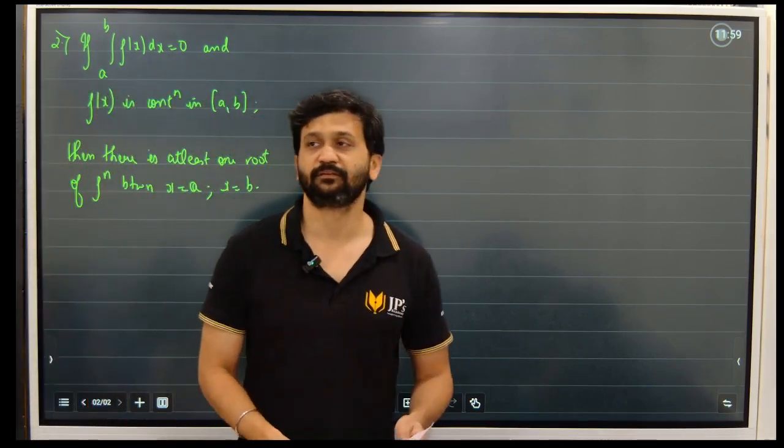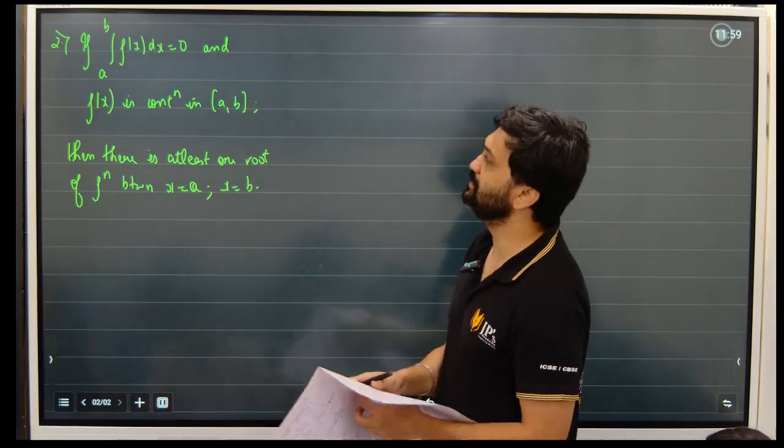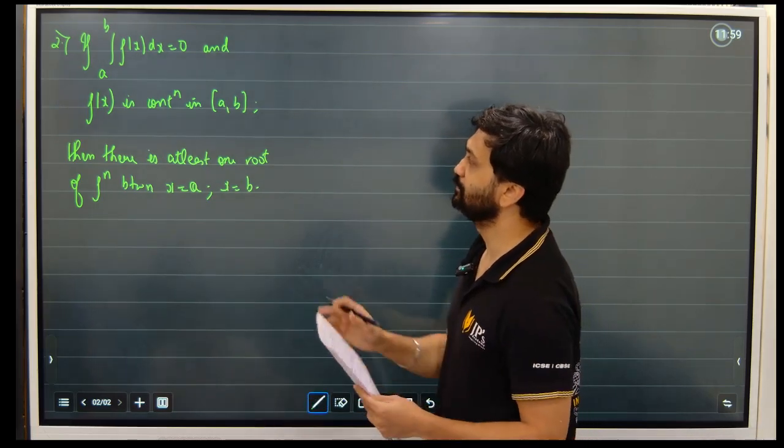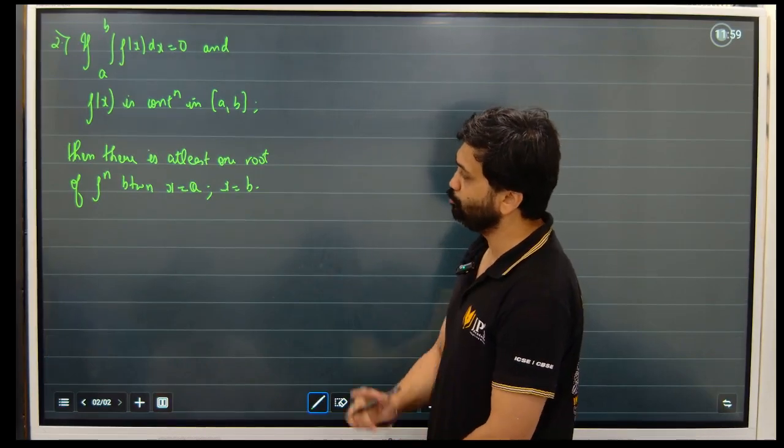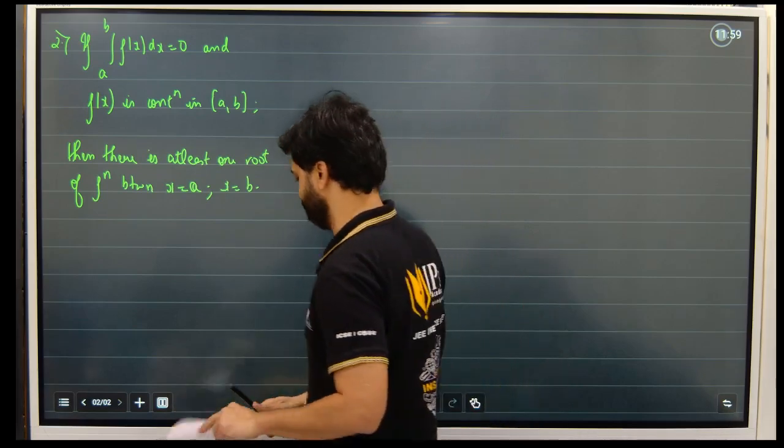So remember this. It tells us that if integration a to b f of x dx is 0, it will be 0 only when a root exists in between.